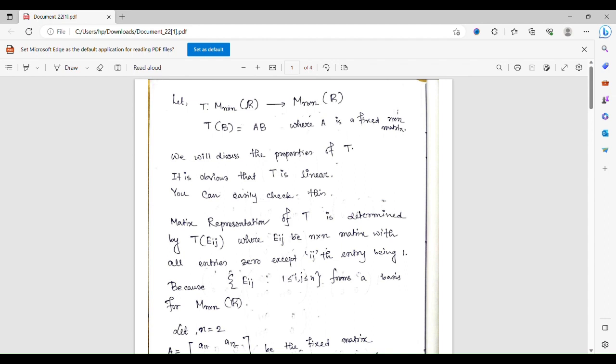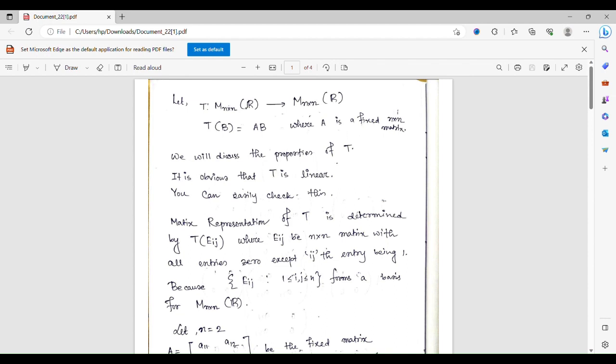The set of all Eij, where 1 ≤ i, j ≤ n, forms a basis for the set of all n cross n matrices with real entries. So the matrix representation of T is completely determined by the values of T on these basis matrices.